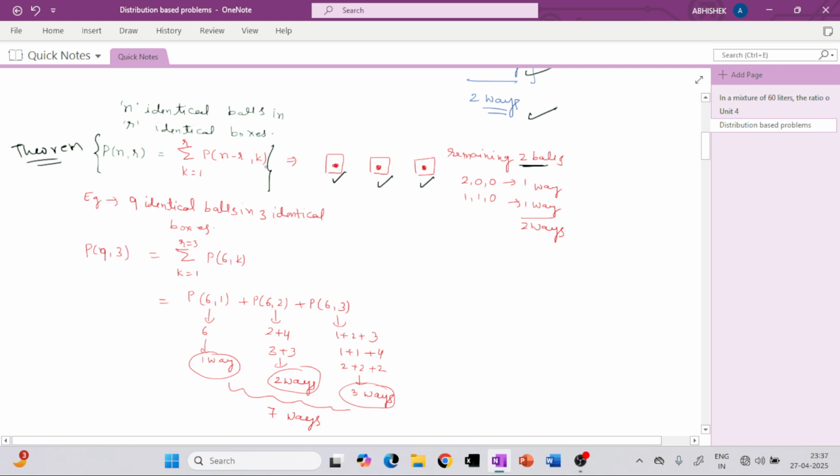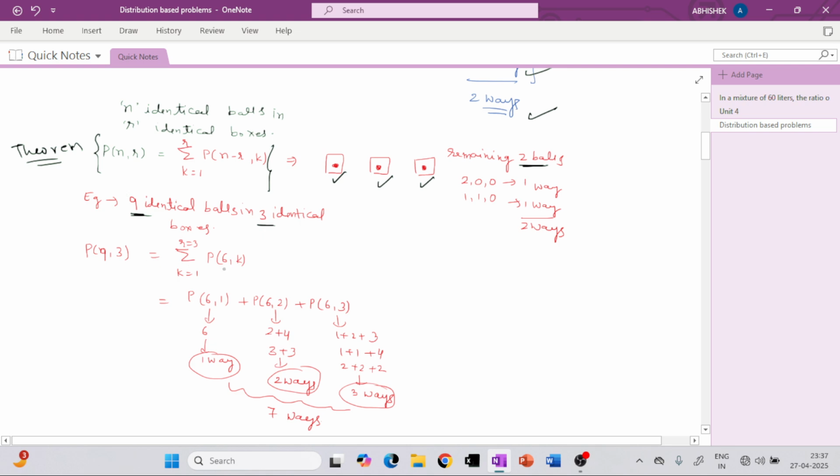Clear? When r boxes are here, at least one ball must be kept in each box. So suppose there are 9 identical balls, one more example, and 3 identical boxes, and no box remains empty. It means we have to keep one ball in each box, so the remaining number of balls will be 6.